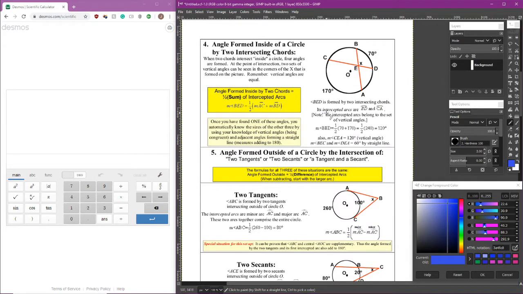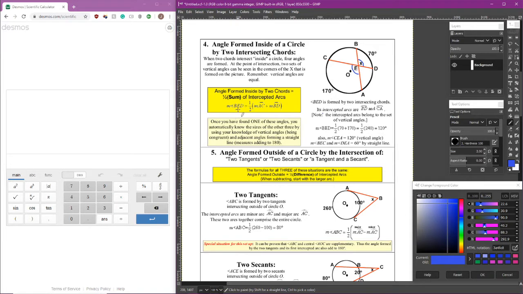All right, so case number 4, angles formed inside of a circle by 2 intersecting chords. Here's a chord, here's another chord, they cross. One of the things we know is that vertical angles are formed when 2 straight lines cross. So that angle E would also be equal to angle X, but we don't know exactly how much they are, but we can figure out what they are.